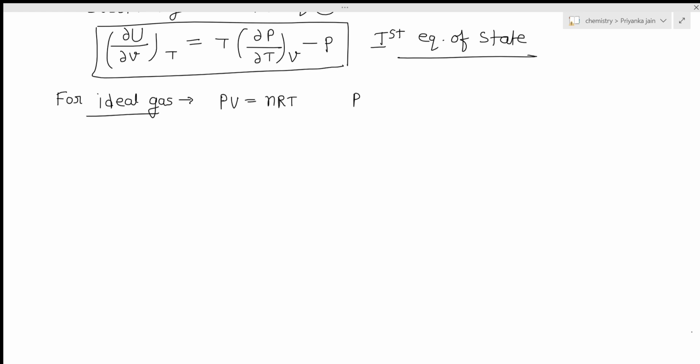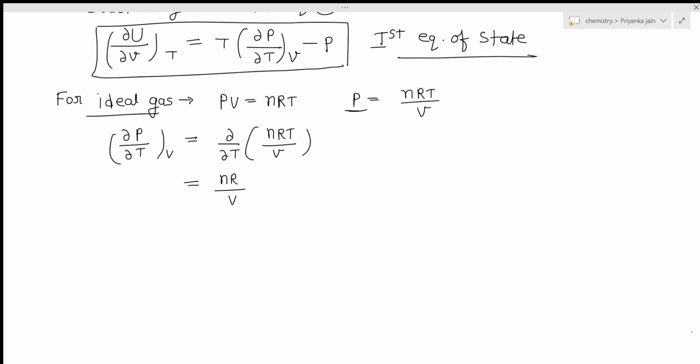So we can write P equal to nRT upon V. Now if we differentiate this P with respect to temperature at constant volume, del P upon del T, we get del upon del T of nRT upon V. Here n, R and V are constant terms because volume is also constant, so they come outside. Del T upon del T is equal to 1. So this is equal to nR upon V.